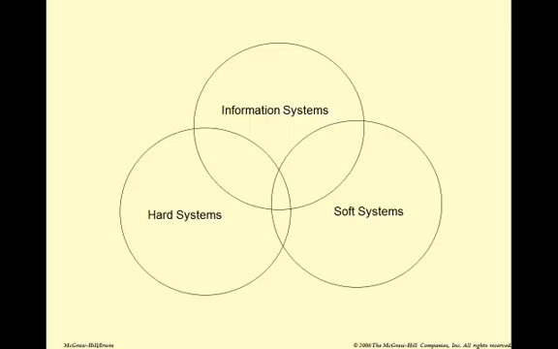A lot of what your textbook will talk about is these systems and their components. As we move into that discussion, I want to make sure we understand that the business that's going to win is going to be the one that has the best system.